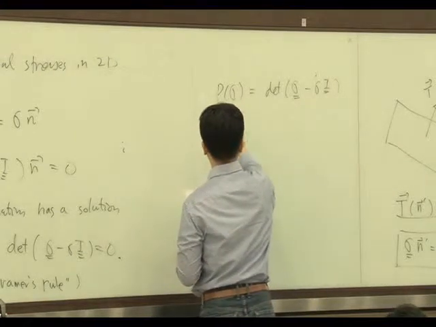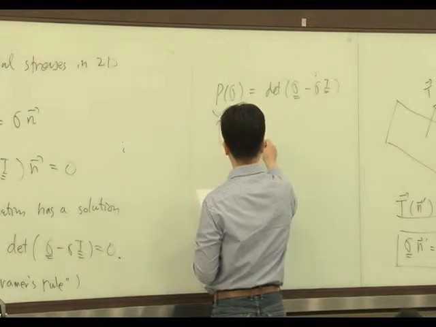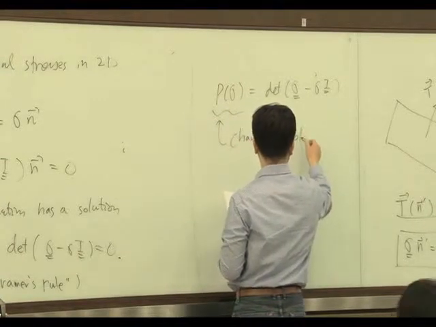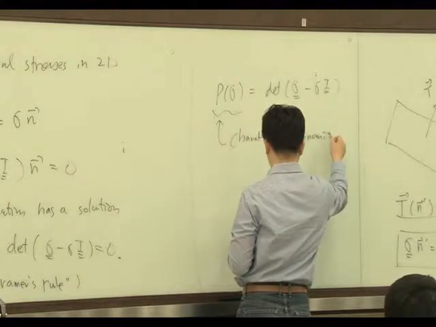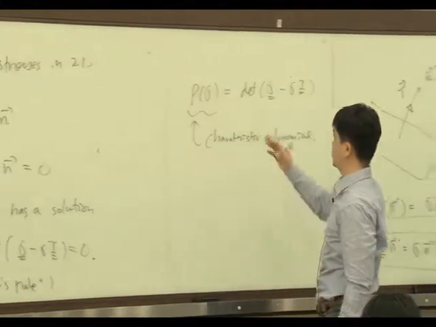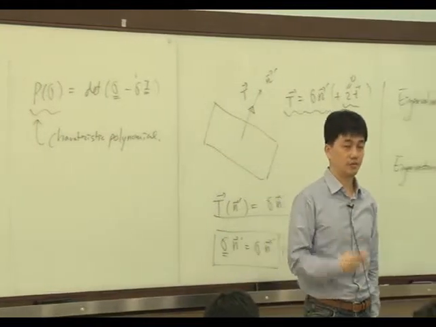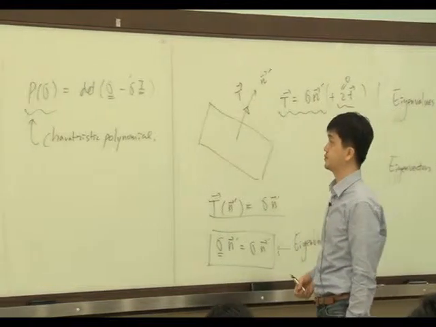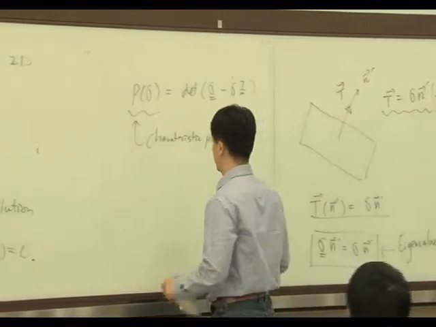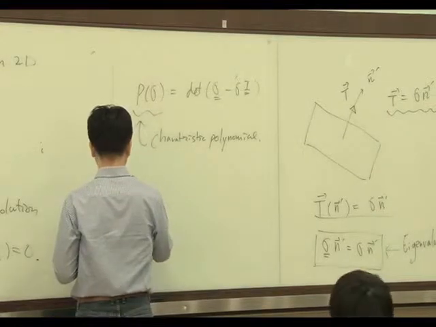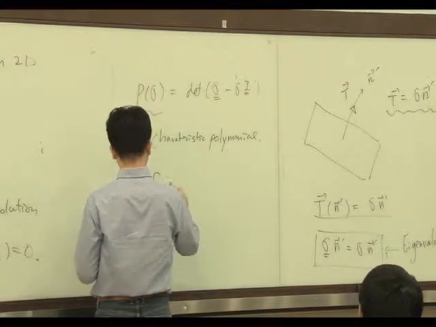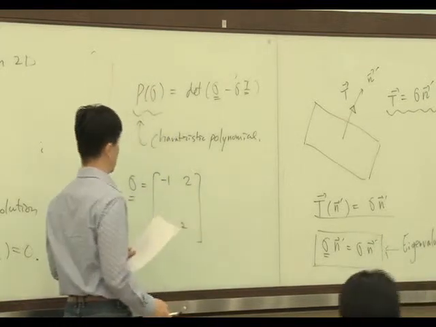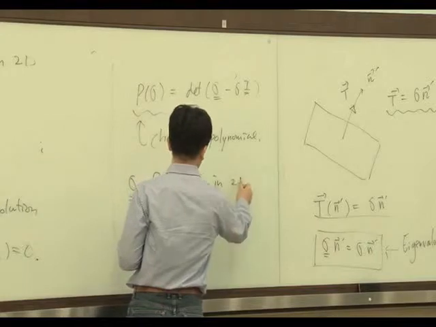This is a characteristic polynomial. So if we solve the characteristic polynomial, we can find the eigenvalue, right? Okay, so let's consider only the 2D case. Stress is -1, 2, 2, 2.